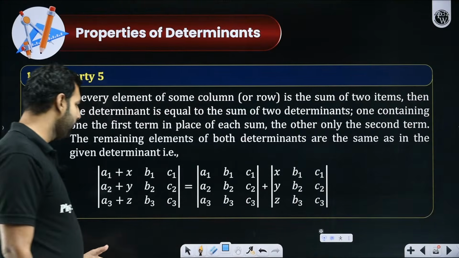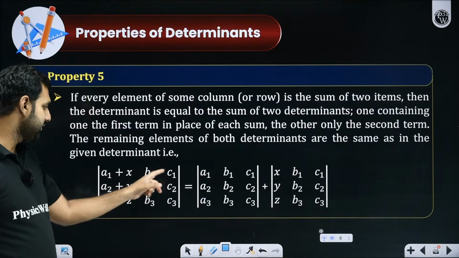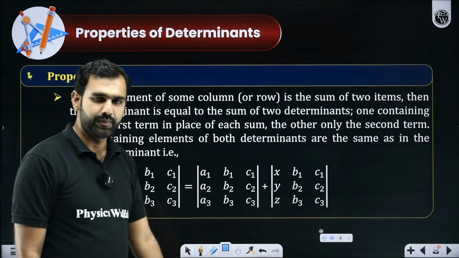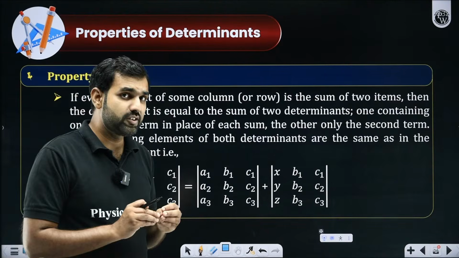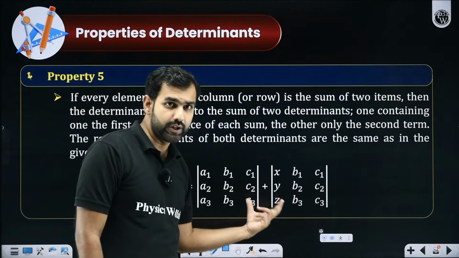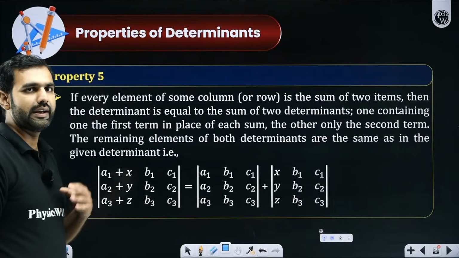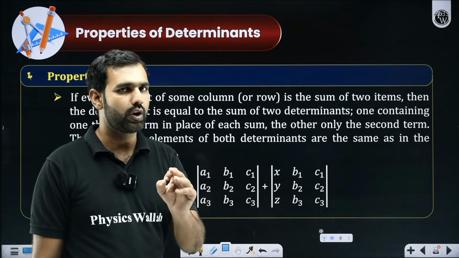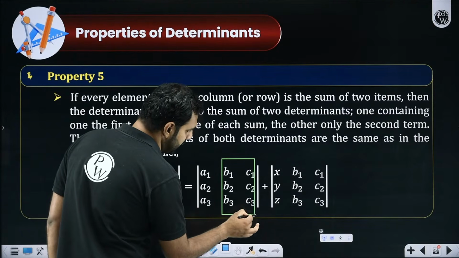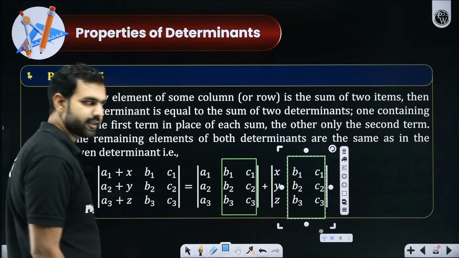Let's say I am given a determinant, which is A1 plus X, B1, C1, A2 plus Y, B2, C2, A3 plus Z, B3, C3. This is what I'm given. I can split this determinant as a sum of two determinants where I keep any two rows or any two columns the same, which means B1, C1, B2, C2, B3, C3, I'm keeping intact in both.